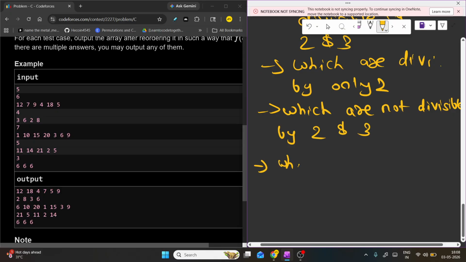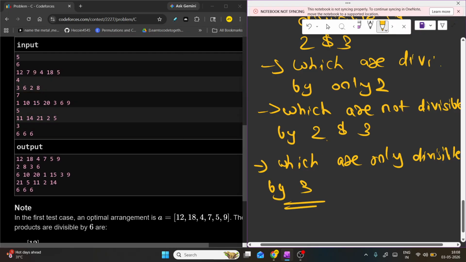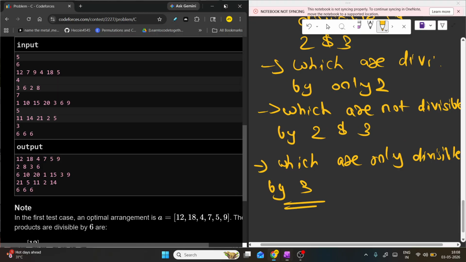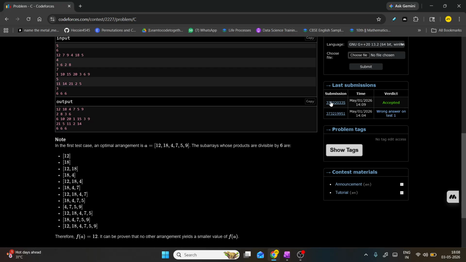Then we will add those elements which are only divisible by 3. So we will try to form the array in this way. If we form the array this way, then we will be able to minimize f of a, which is our final task. So let me just show you the code of this problem.